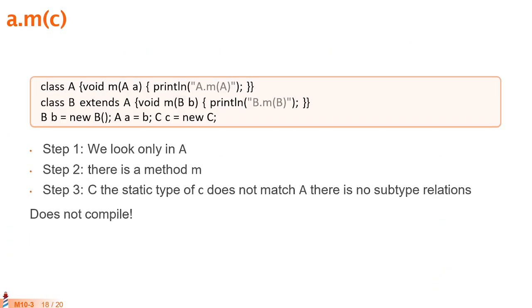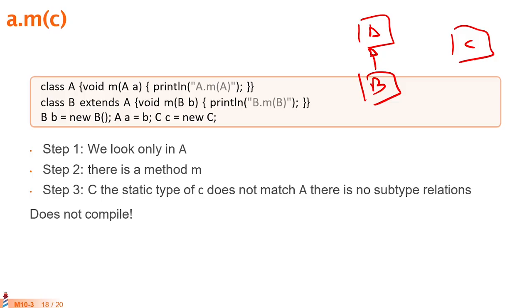A final example that in this case will show a different situation is that imagine again we have class A and B, with B a subclass of A, and we have a class C that is not related to any of them. We have A, B, and we have class C here, completely out of the subtype relationship.